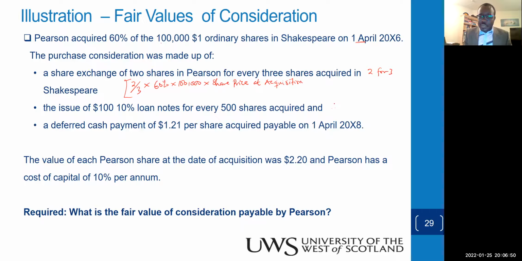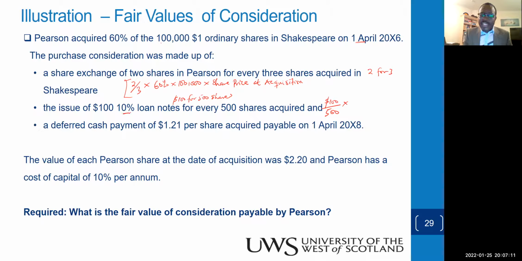So again, it will become $100 for 500 shares, the same as 2 for 3, okay? So 100 for 500 times what?